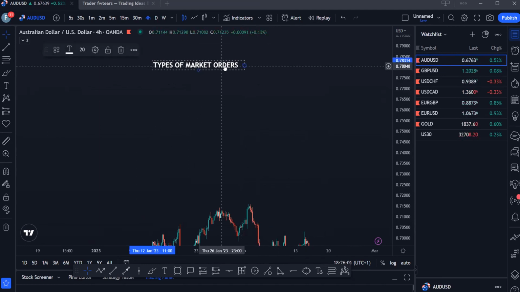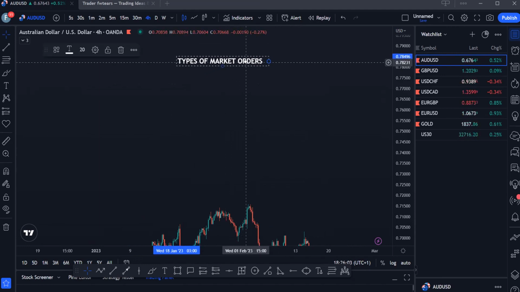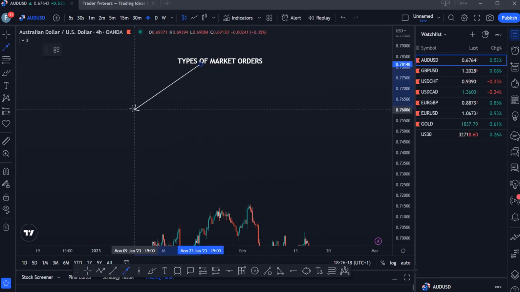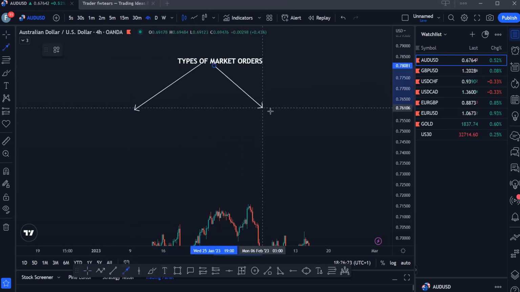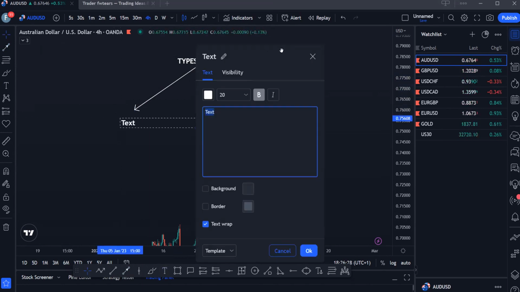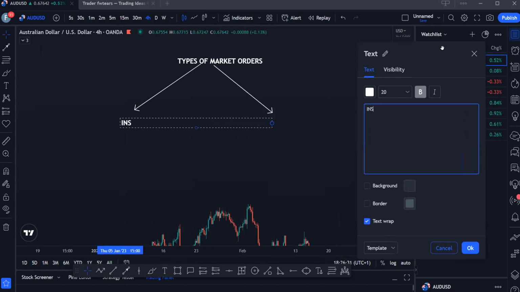On your MT5 platform, the platform will ask you if you want to buy or sell. Now, there are modes that you can use to enter trades. There are two types of market orders. The first type of market order is called instant or market execution.